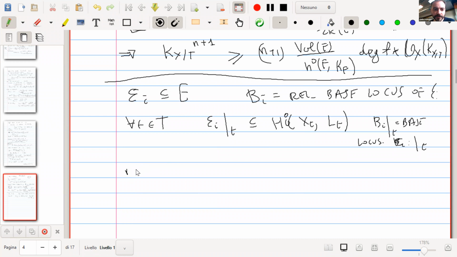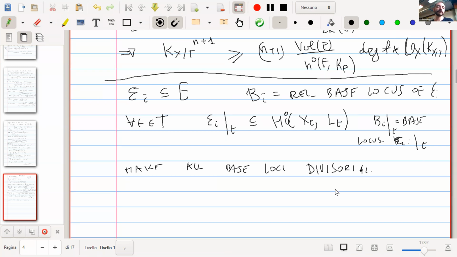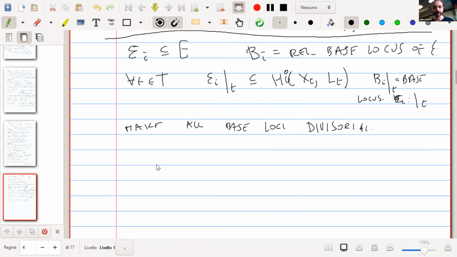Now you make all base loci divisorial. So you blow up X. I will not change notations, but I will replace X by some big blow up so that X becomes smooth. Why not? But what is more important is that all B_i become divisors. We are in characteristic 0, so we can do it.